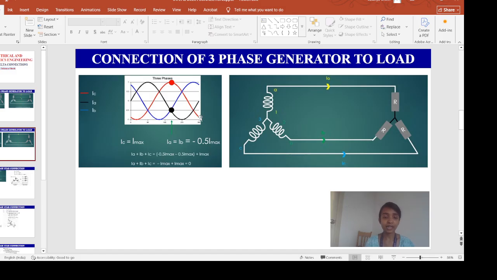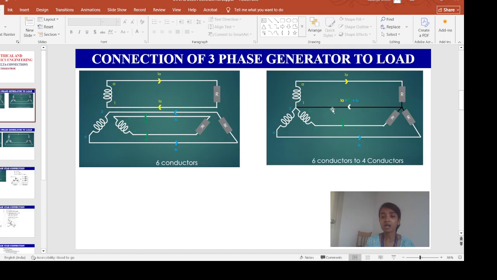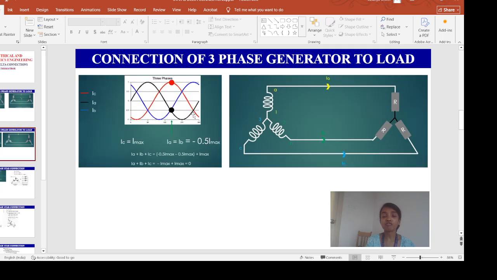Now if I want to find out the total current flowing through this common return path or neutral conductor at any instant of time, what will happen? Let's see. Here the x-axis is my phase and the y-axis is my magnitude. At any instant of time, if I want the summation of all these phase currents IA, IB and IC, what will happen?